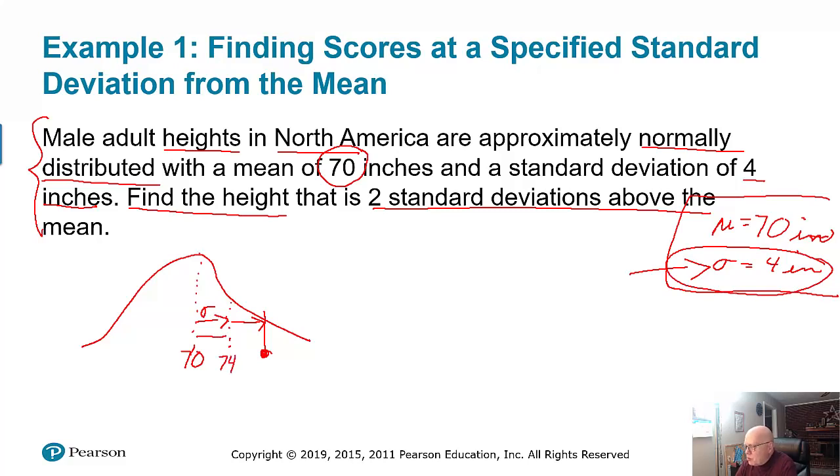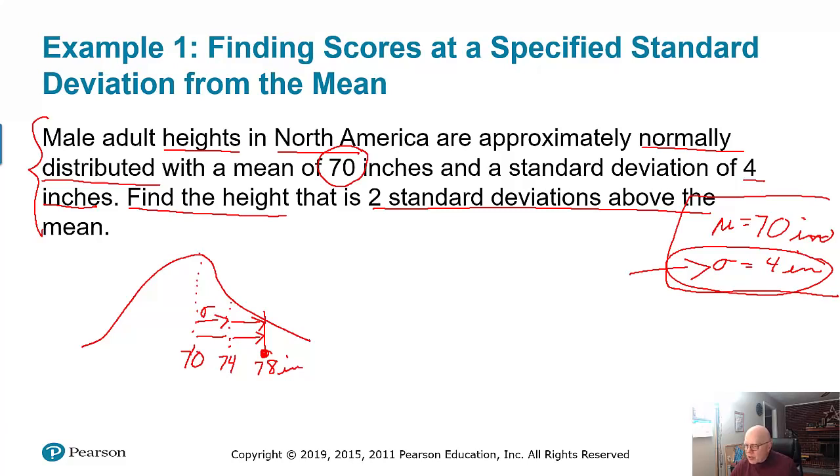But this is 2 standard deviations away. So I need to go another jump, and that'll take me to 74 plus 4 more is 78 inches. And there's our answer. That is the height that's 2 standard deviations above the mean. Easy as that.